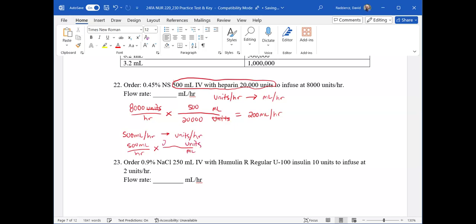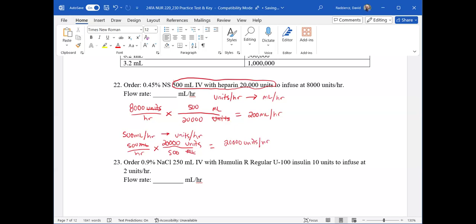So I'm going to use the same information from my IV. And notice that actually ended up canceling out. So it wasn't intentional, but you get the process is still the same. And so this would just be 20,000 units per hour.